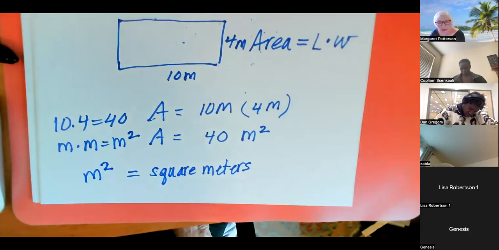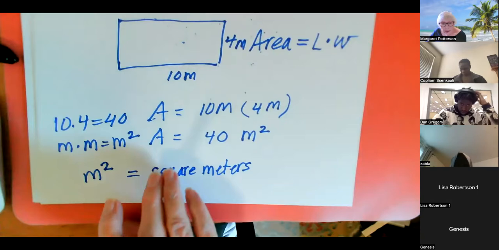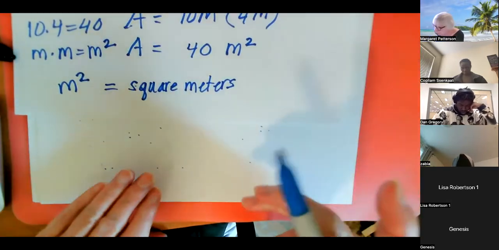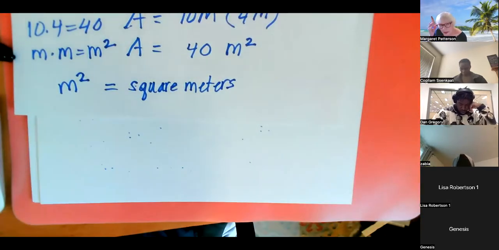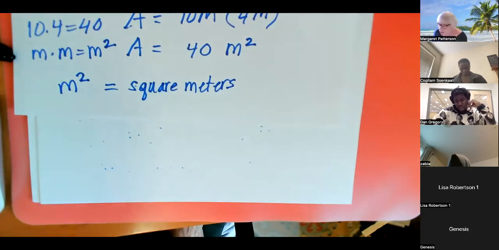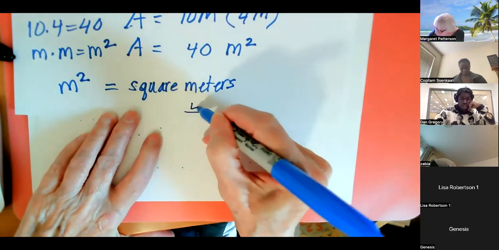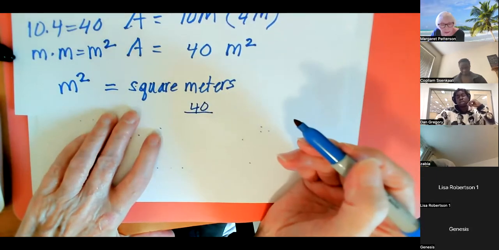Okay, so how would you type that into the laptop? If you don't have a button for it, they will actually probably have something for you to click, square meters. They'll have a place for you to type in the 40.